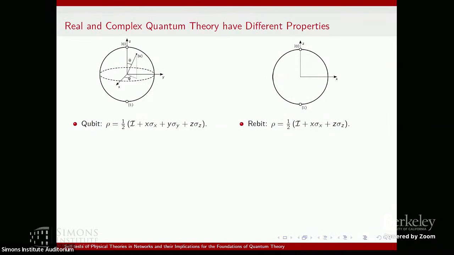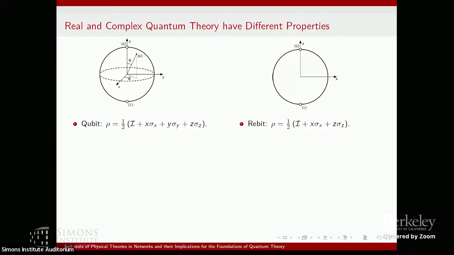Okay, and they do have different properties. If we look at the smallest system we can consider, in quantum theory we usually speak about the qubit, which is a system on a Bloch sphere. And in real quantum theory, essentially, we can drop the sigma y component, so we're restricted just to a plane.